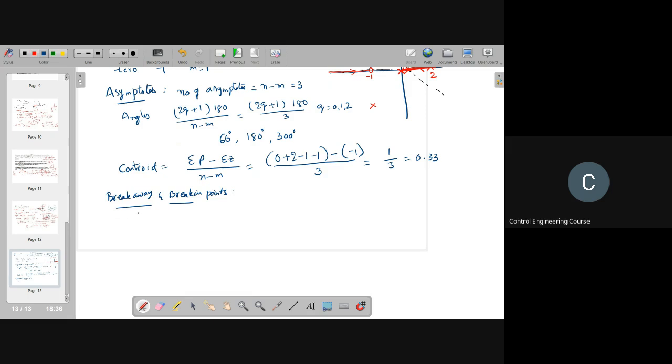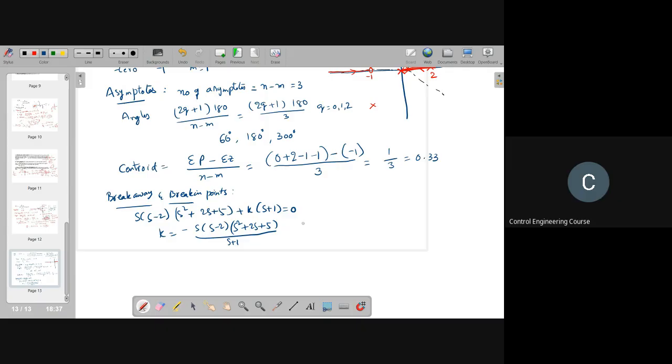That means s into (s minus 2) into (s square plus 2s plus 5) plus k into (s plus 1) equal to 0. That means k equals minus of s into (s minus 2) into (s square plus 2s plus 5) divided by (s plus 1).